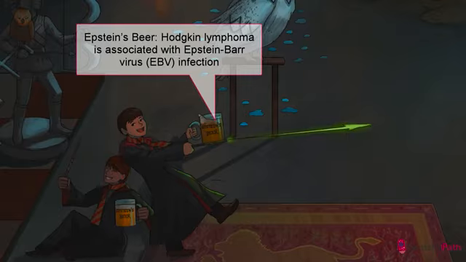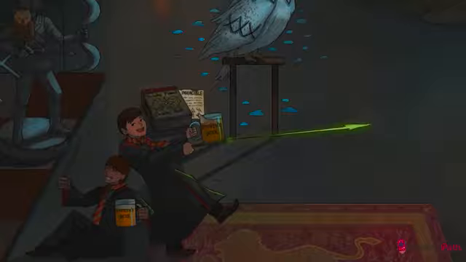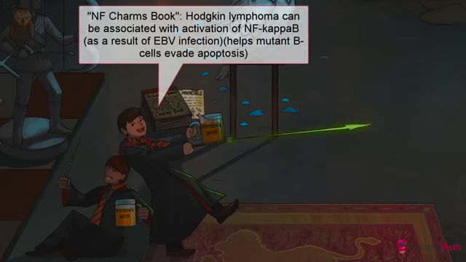Now, not all Hodgkin lymphomas have evidence of EBV infection. So, viral infection is probably only a part of a complicated multi-step progression toward malignancy. A subset of EBV genes codes for factors that activate B cells through pathways such as NF-kappa B and MAP kinase. NF-kappa B is symbolized by that NF-kappa charms book.